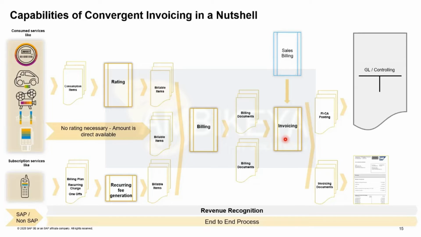AP, if we have, for example, a revenue share and partner settlement capabilities used in our BRIM components, we can also compensate our partners. There's also the option to combine, as I mentioned before, billing content from sales billing, for example, for a physical product that's a hardware enabler, into convergent invoicing to create one invoice.